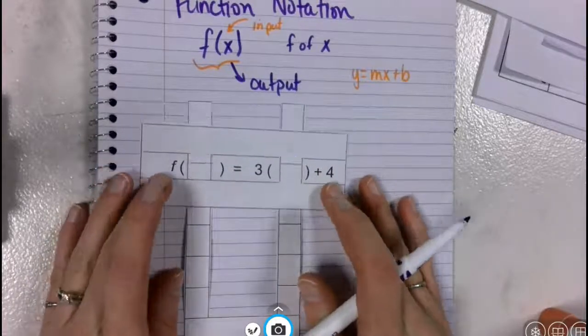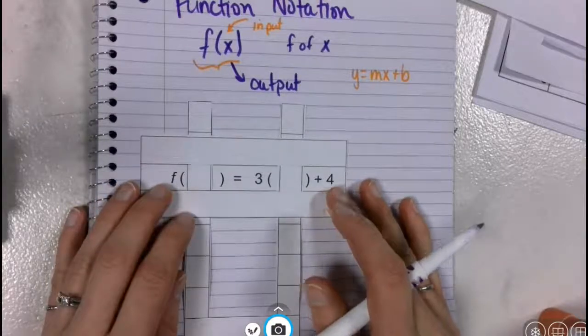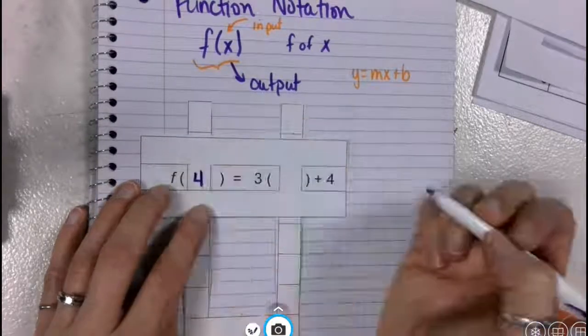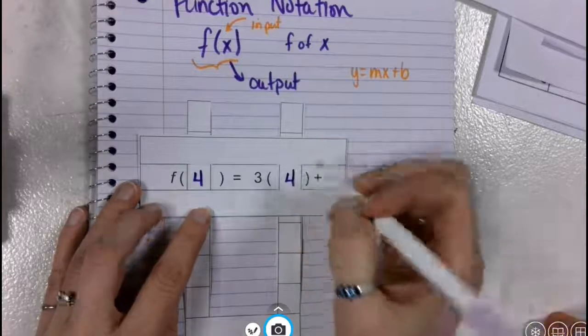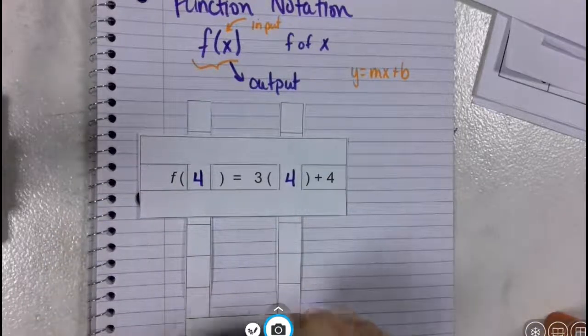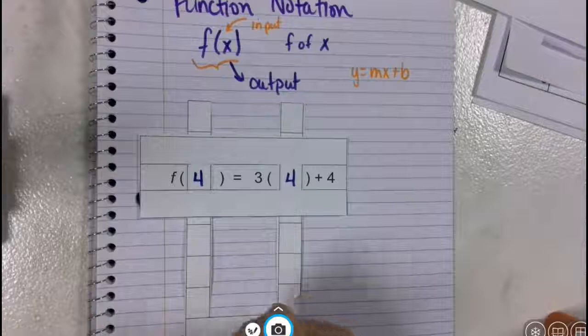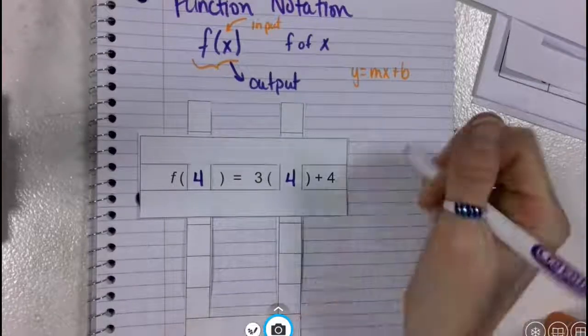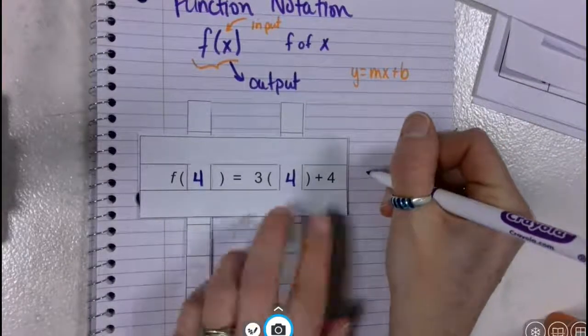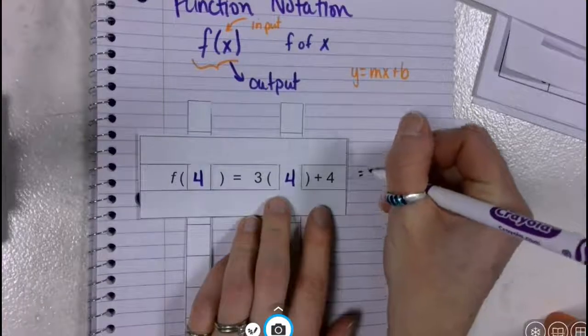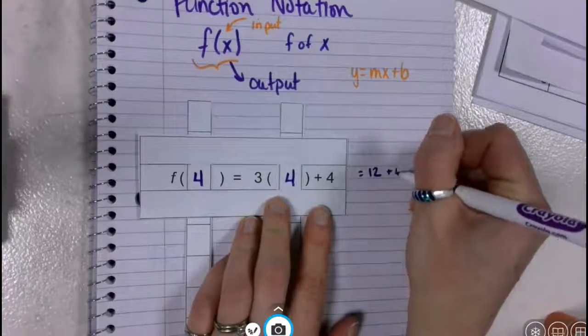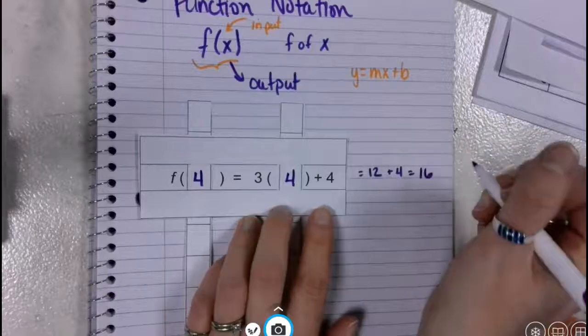So what that really means is if I slide this down, I would take f of 4, and that just means I plug in anywhere I see an x in my equation, I go ahead and I solve it. So what that really turns it into is I now have 3 times 4, because I always want to multiply first, which means I have 12 plus 4, which equals 16.